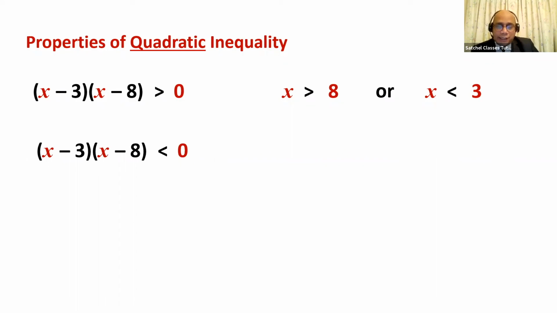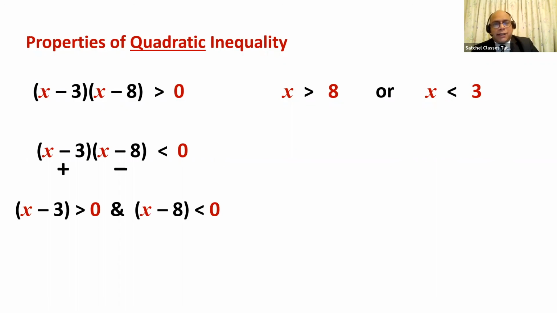Less than 0 is negative, right? When one of them is positive, the other one is negative. So the first case is when x minus 3 is greater than 0 and x minus 8 is less than 0. If I combine that, you will get x is greater than 3 and x is less than 8, which otherwise means x lies between 3 and 8.